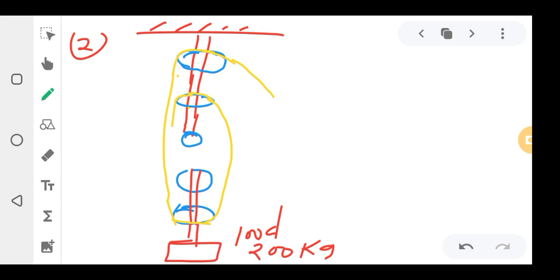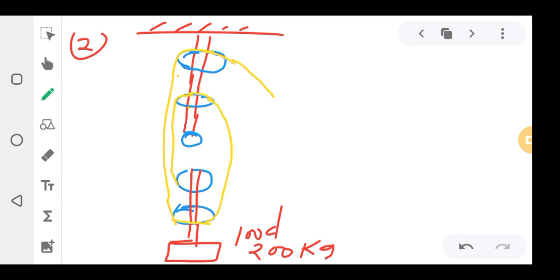Then it goes down. When it goes down, it attaches itself to the second one. So it goes down, down, down, down, down, attaches itself to this one. Okay?